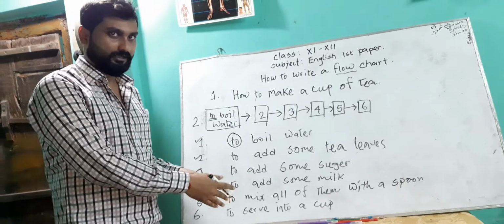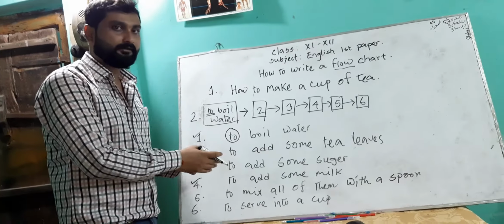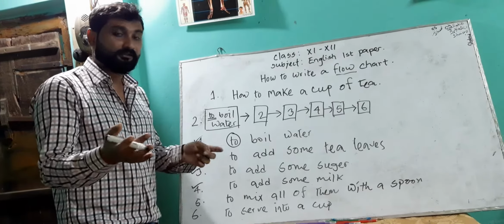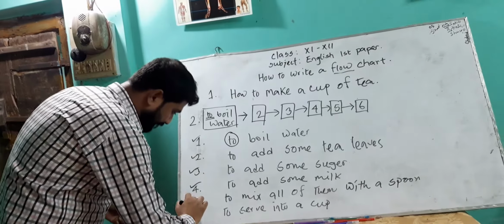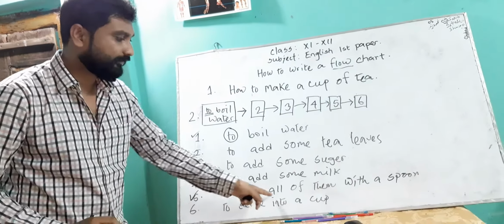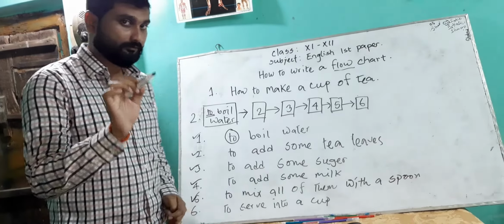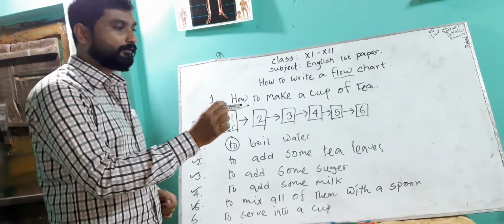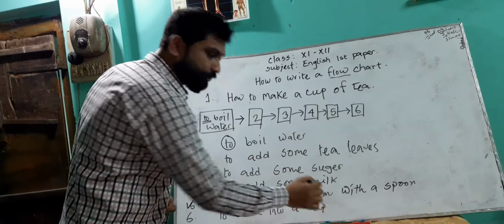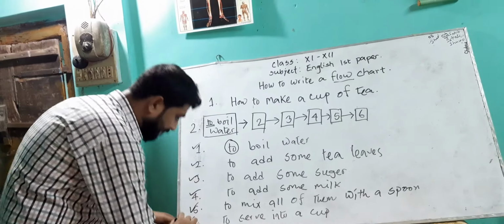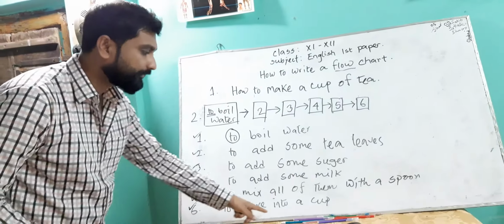So this is my way to write a flow chart. You can use your own way. Number 5, to mix all of them with a spoon. You should not use a full stop. Full stop, don't. Number 6, to serve into a cup.